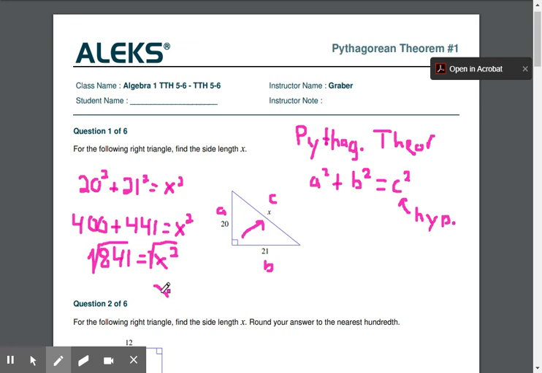So in your calculator, type in square root of 841. Which is 29. So the length of the hypotenuse for this triangle is 29.